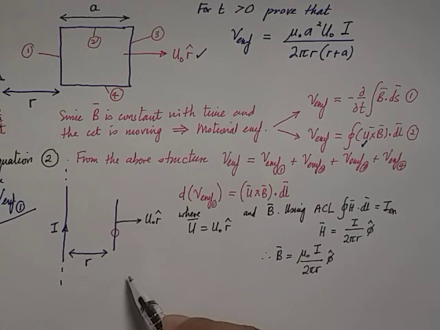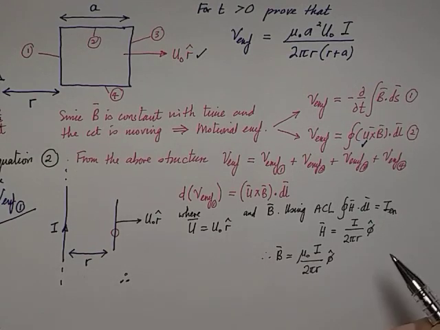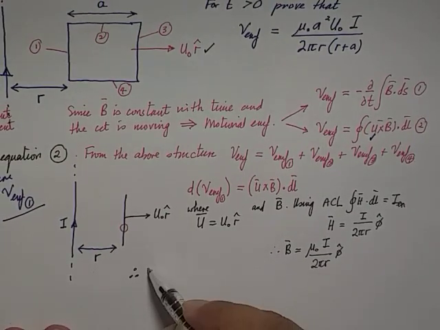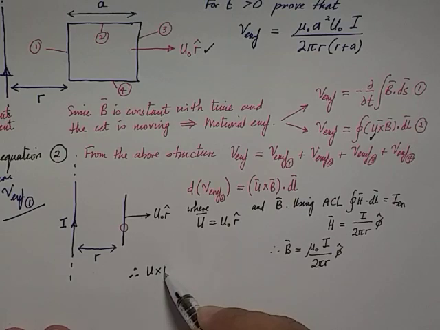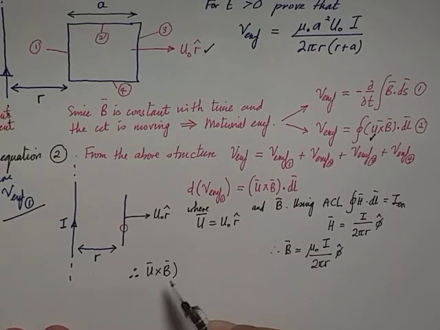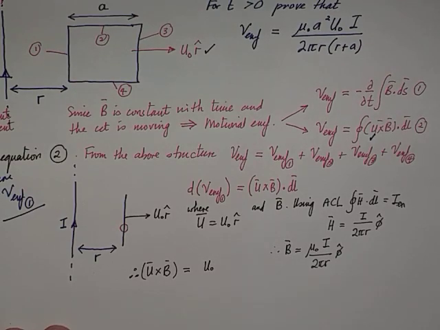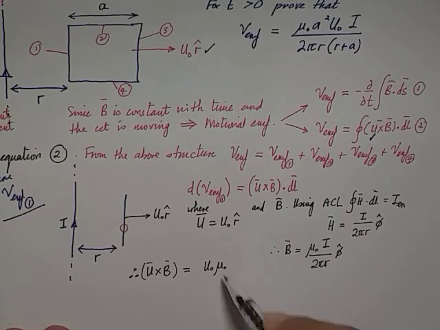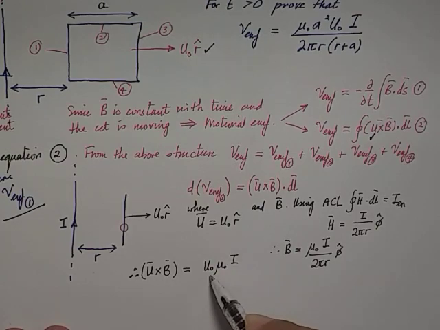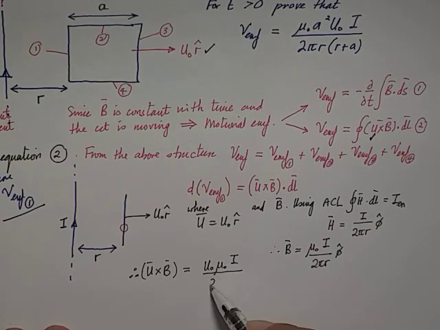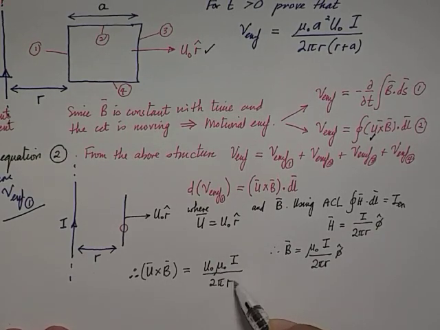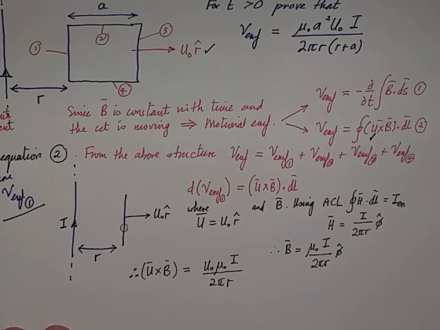So therefore, what we're going to set now, u cross B will be equal to mu naught I over 2 pi r. So in which direction? Now r cross phi will give us z direction.